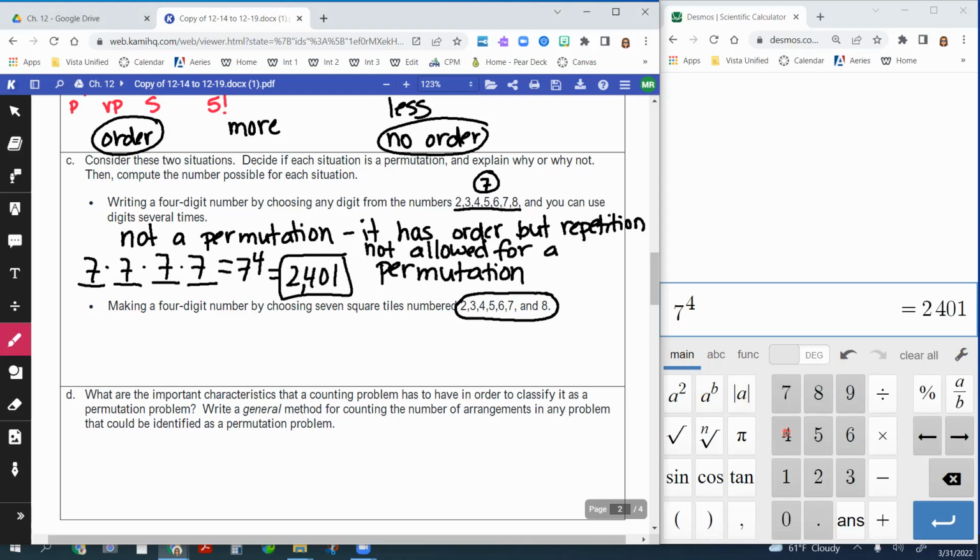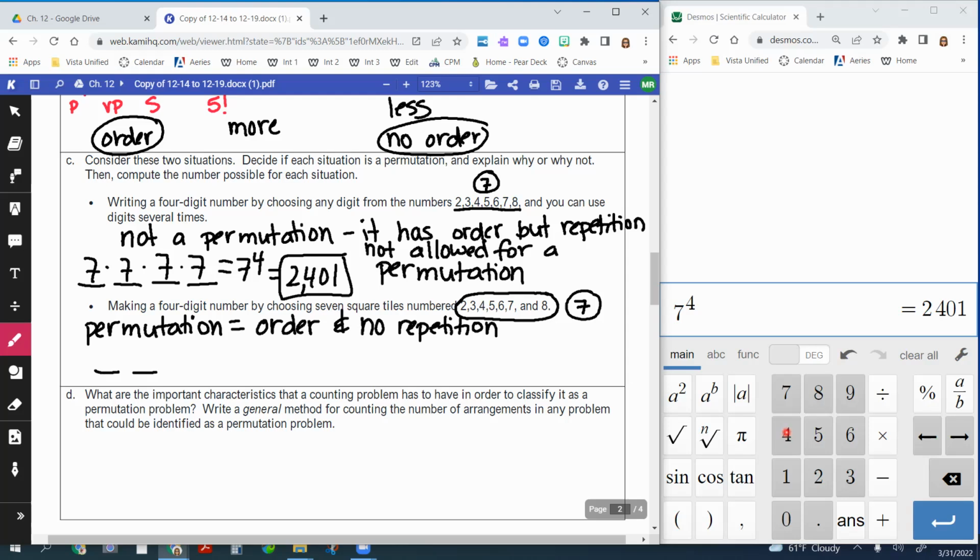Now, the next part says making a 4-digit number by choosing 7 square tiles, each with the same numbers 2 through 8, but we're choosing 4 tiles basically. So there is no repetition here. So again, there's going to be 7 things. So this one is going to be a permutation. And the reason it's going to be a permutation is 2 parts: order and no repetition. Those are the 2 things that are needed for it to be a permutation.